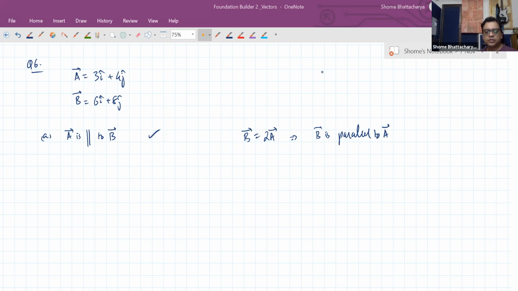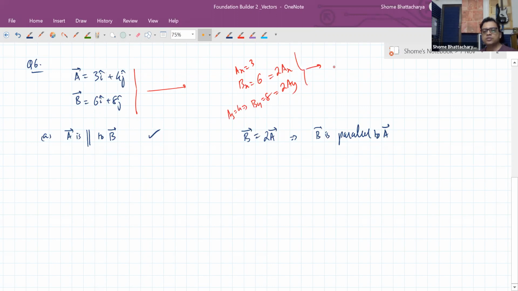So B is parallel to A is, if you just observe these two, you can see that B's x component is 6, which is 2 times A's x component, because A's x component was 3, and B's y component is 8, which is again 2 times A's y component, because A's y component was 4.